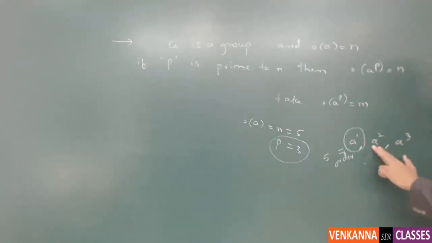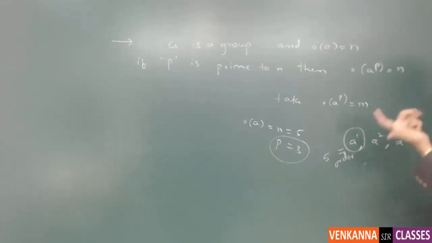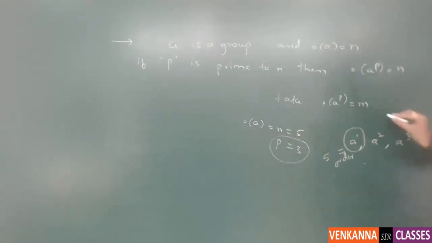A square means I multiplied A into A, I got a new element. A cube means A into A into A, I got a distinct element, because as we mentioned the order of A is equal to 5, it means that A power 1, A power 2, A power 3, A power 4 all are distinct values, and A power 5 is nothing but identity.